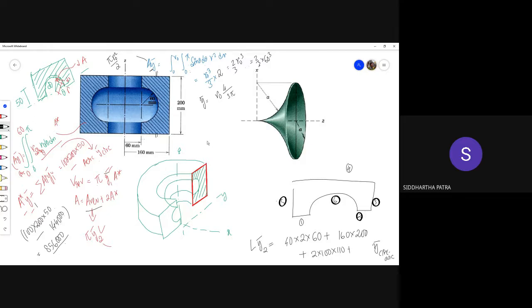So in my opinion, it is around 2.7 into 10 to the power 6 or something, millimeter cube.